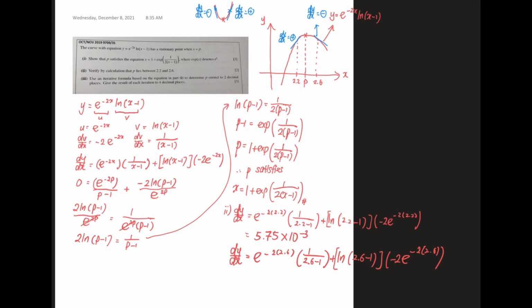Okay, so I substitute 2.6 there and I get negative 1.74 times 10^-3. So this is where from positive it becomes negative. So which situation does this belong to? From positive it becomes negative, so it's a maximum point actually. So the sign test happened there.